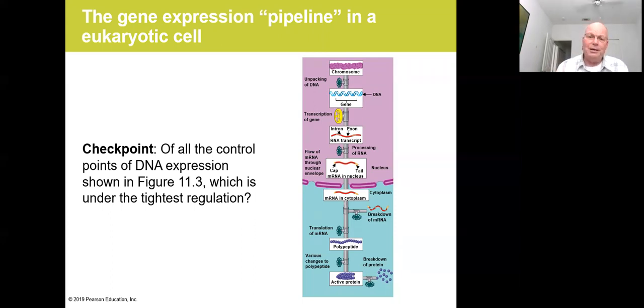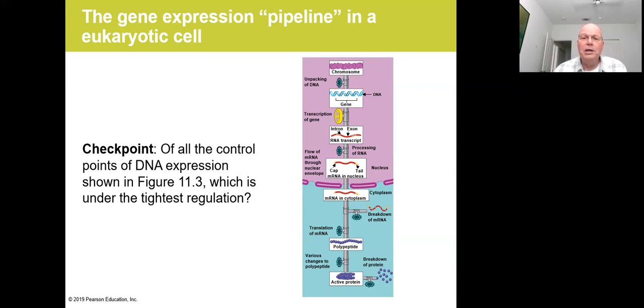We're going to talk about that in more detail. I gave you a hint of it when we talked about transcription, but we're going to talk about that in a little bit more detail as we work through this flow diagram. So there is a means of regulating gene expression in terms of cutting out the introns and splicing exons together.